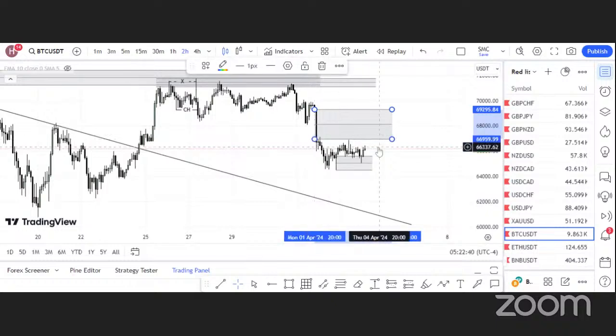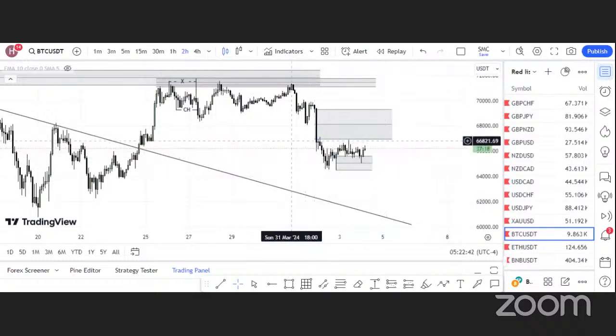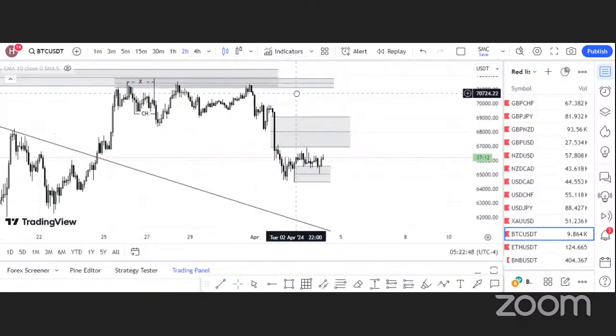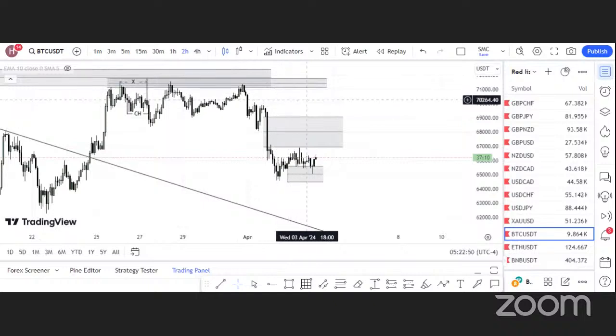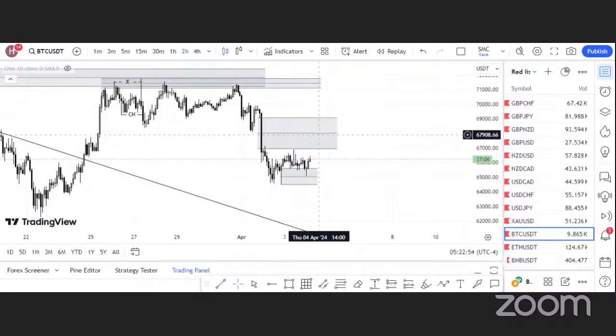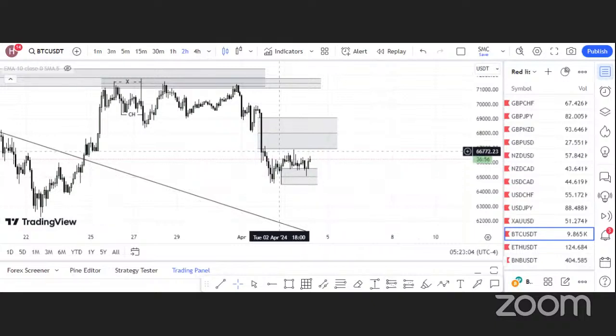And now the market will be looking to make another retest. So the possible area for the retest is the 50% of this fair value gap. Okay, how do I know this?